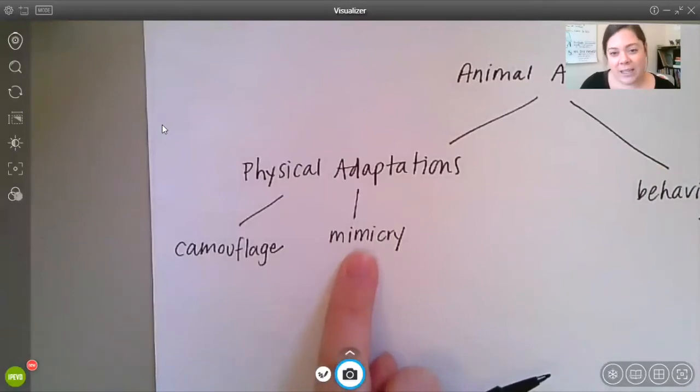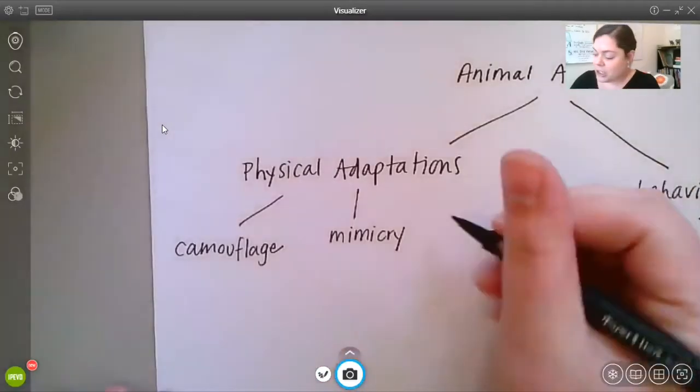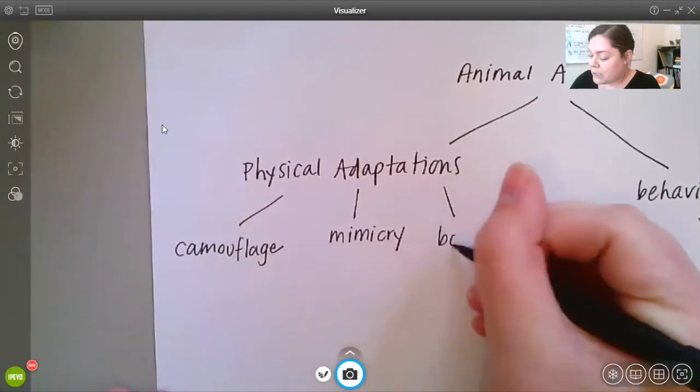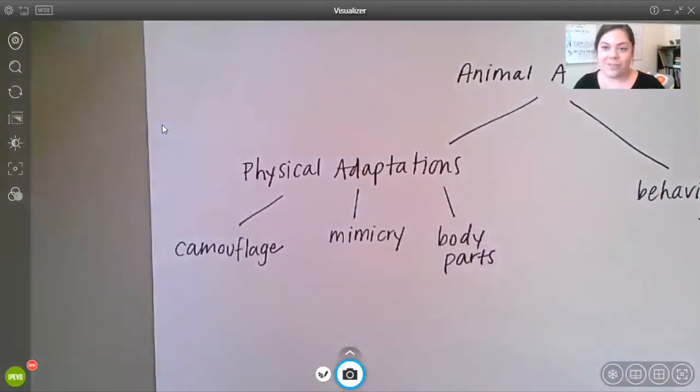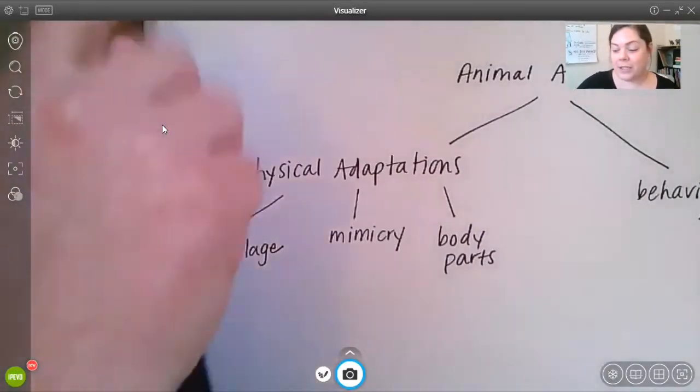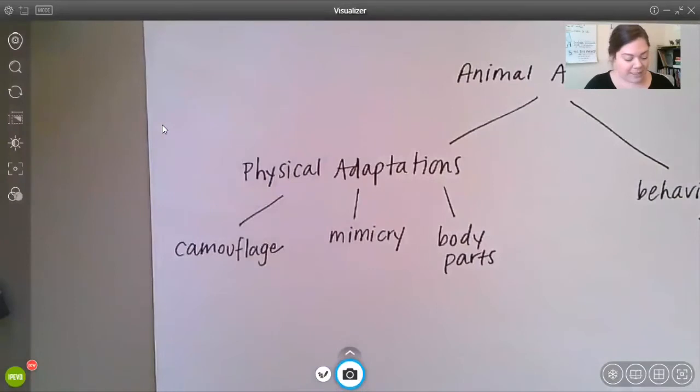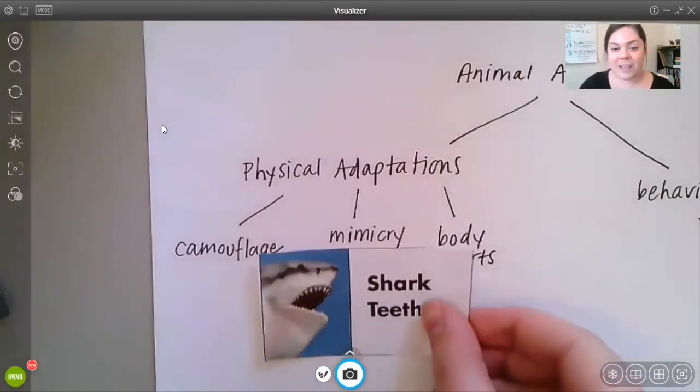The final example of physical adaptations has to do with an animal's body parts. Lots of animals have special body parts that help them to survive. For example, if you're anything like me, I love watching Disney movies, and this picture makes me think of Bruce from Finding Nemo.